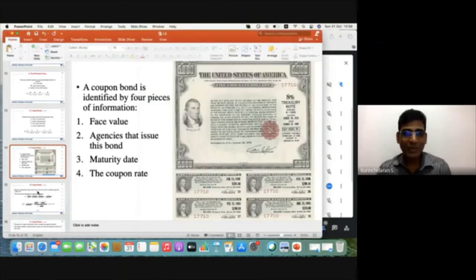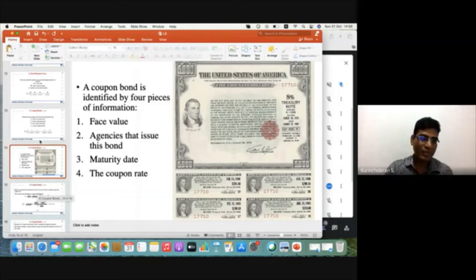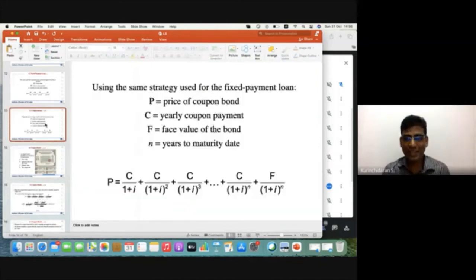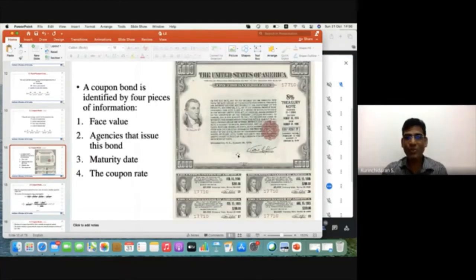Okay, so now you know this is the bond, and these are the very important things in a bond. The only question is, if I go back to this slide, here I always assume that the price of the coupon bond is equal to the face value. If it is 5,000, when you are buying, you are going to pay 5,000.